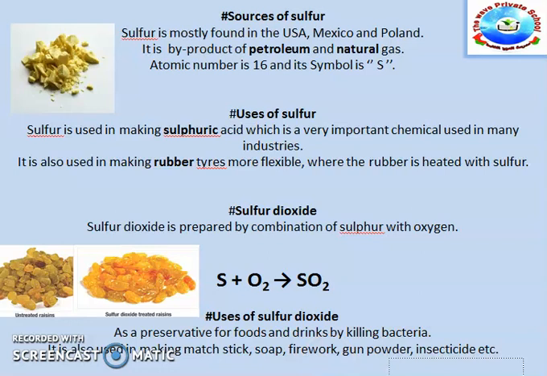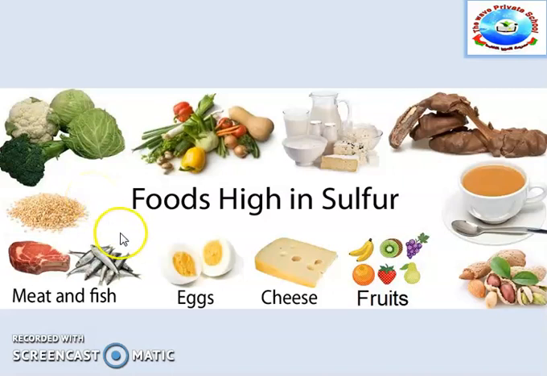Let us see our food items. So students, these are all the foods which are high in sulfur: meat and fish, eggs, cheese, fruits, dry fruits, and tea, chocolates, dairy. Yeah, I know you all must be happy now. Yes, in chocolates also there is a high amount of sulfur, and in dairy products.